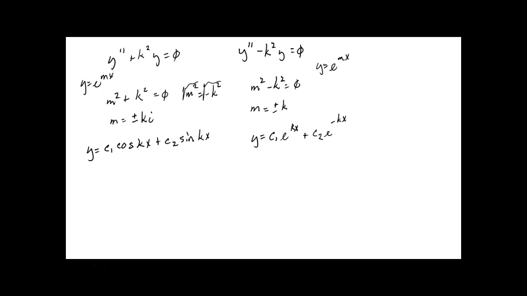Since hyperbolic cosine and hyperbolic sine are linearly independent on any interval, an alternate form for the second one would be y equals C1 hyperbolic cosine of kx plus C2 hyperbolic sine of kx, and this is not the same C1 and C2, but they're still just constants.